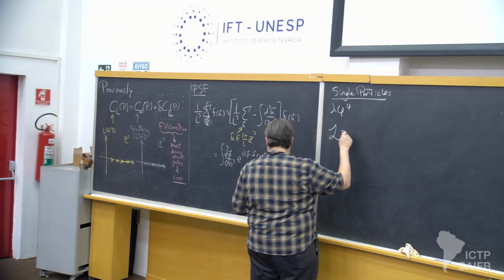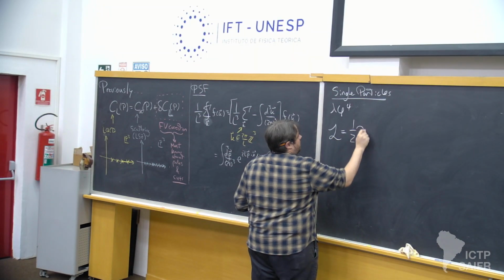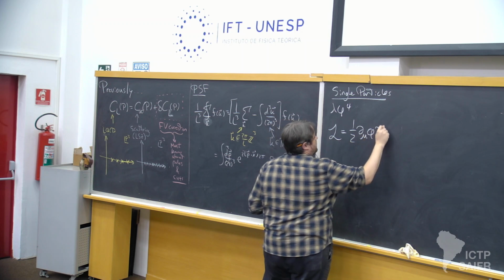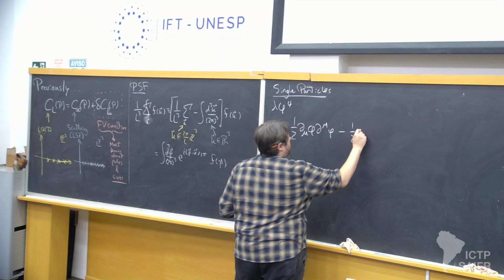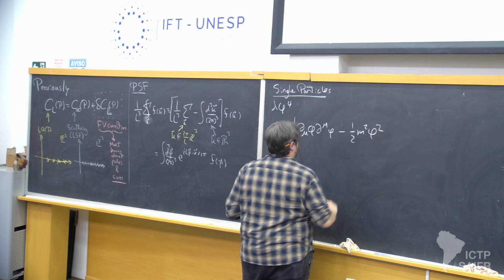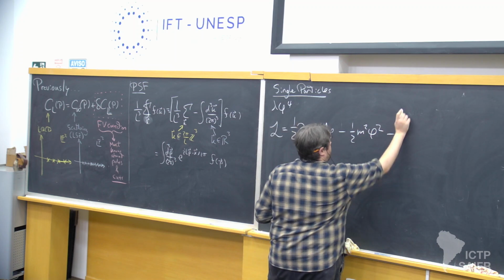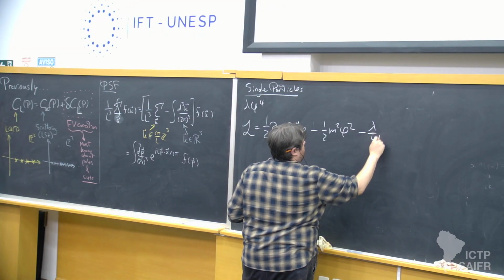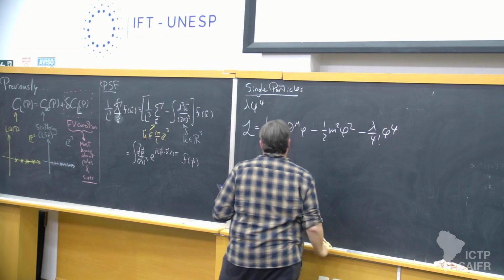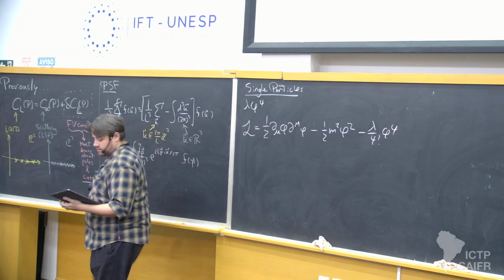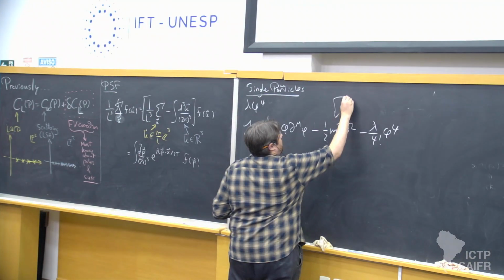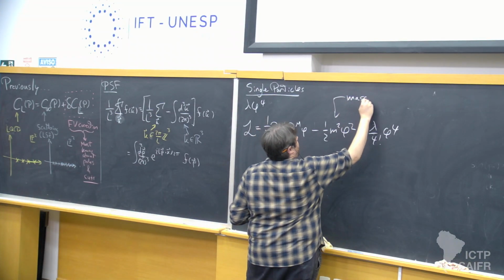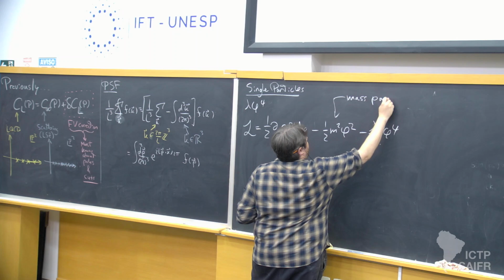So the Lagrange density is given by this. I note here that this m is the mass parameter.